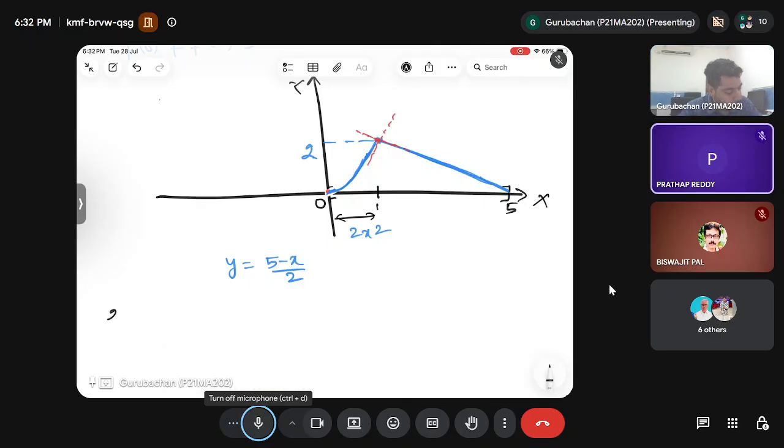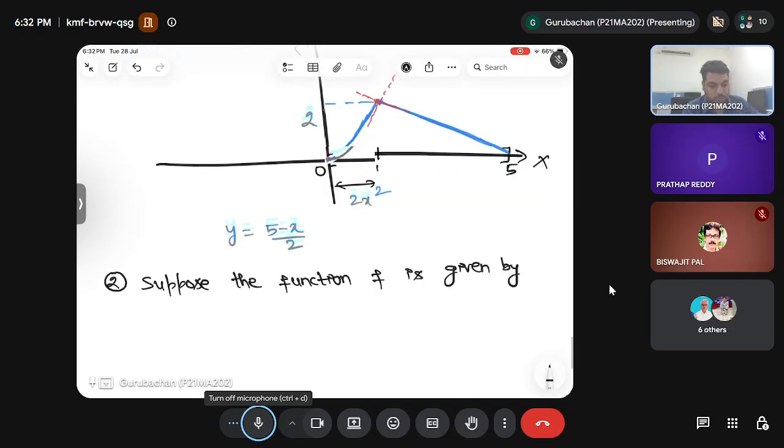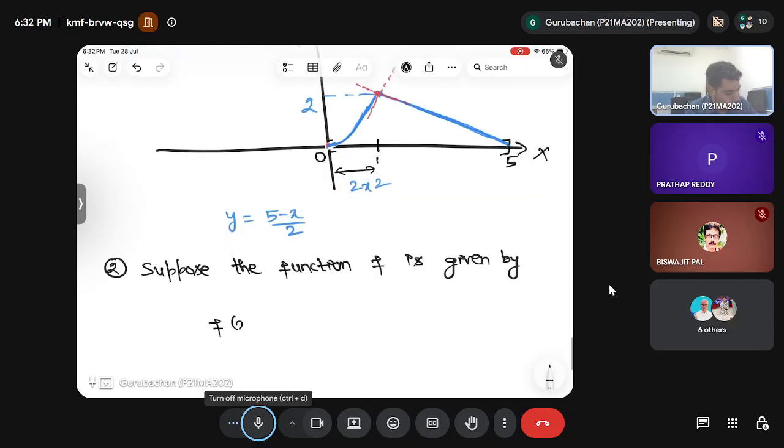Please, let me write one more question. Suppose the function f is given by f of x is 1 plus 2x in one part, while in the other part it is 1 minus 2x plus bx... 2bx plus 1.